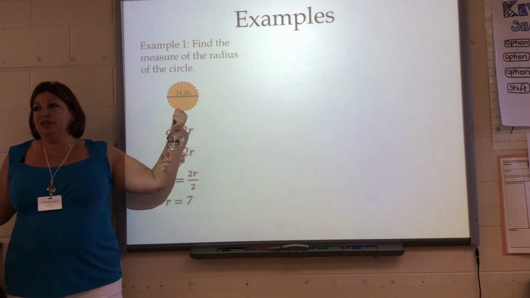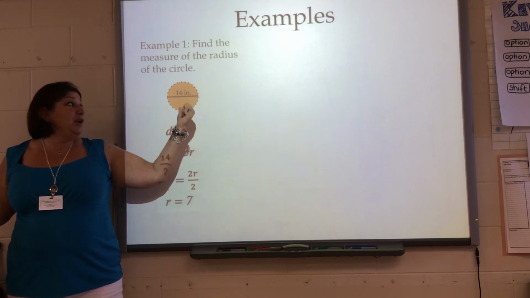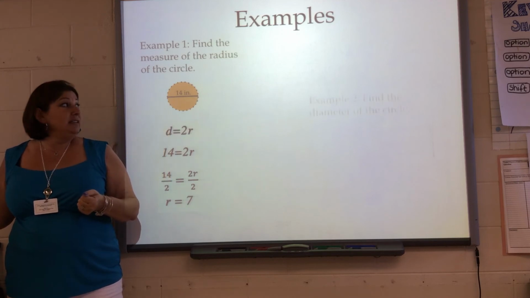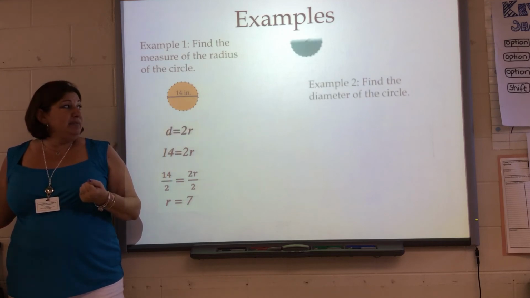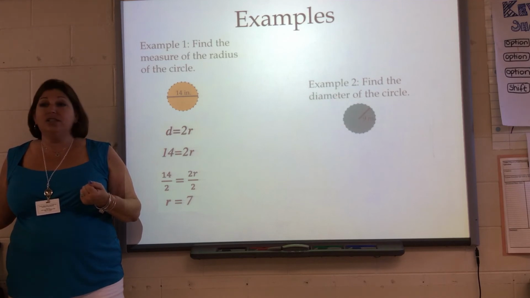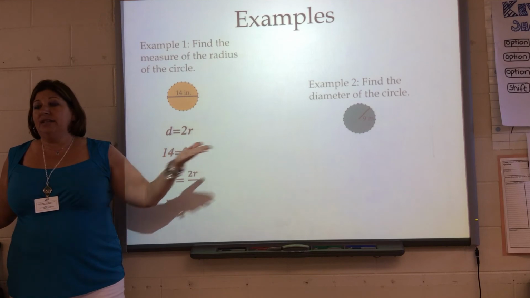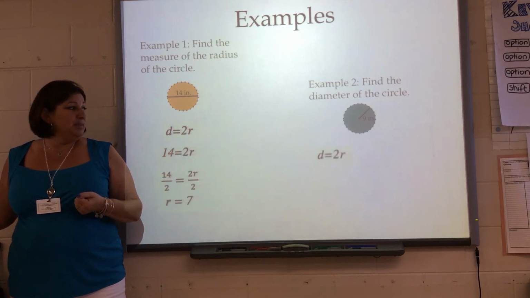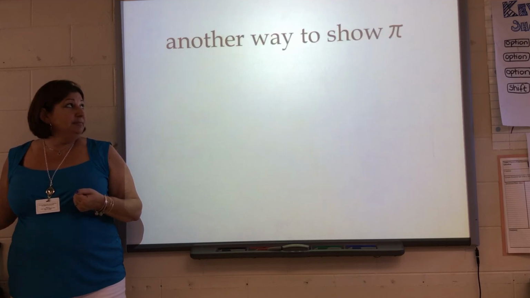This is a simple look problem. I know the whole thing across is 14, so half of it must be 7. If I'm asked to find the diameter and I'm given the radius, for example, 9 meters, well, I know that the diameter is 2 radii, so I'm multiplying straight across, and I get 18 meters.